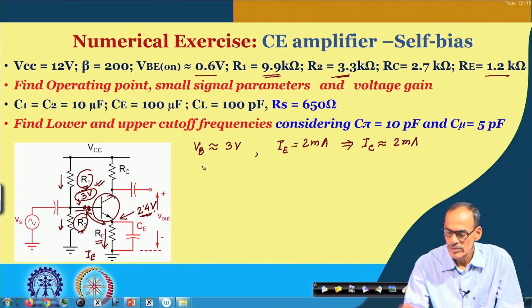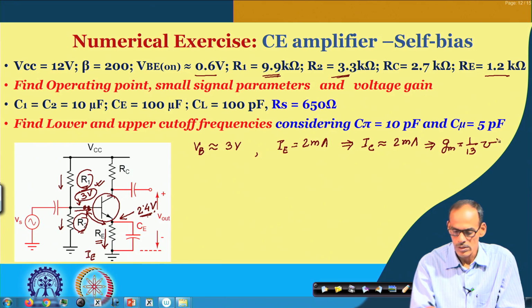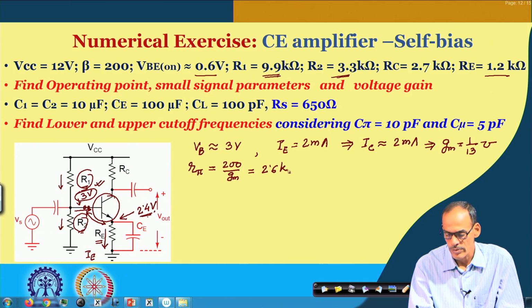From that you can calculate gm, which is 1 by 13 mho. Then we can calculate r pi, which is beta, 200, divided by gm, so that is 200 times 13, equal to 2.6 kilo ohm.